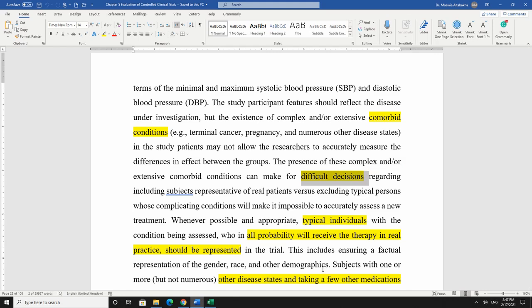But in general, and this is the ideal case, we should always think about the population having the disease condition. For example, if I'm thinking about hypertension, then I cannot say I will take people only having hypertension without any other disease. I cannot say that, because many people who have hypertension have other conditions as well, such as diabetes.